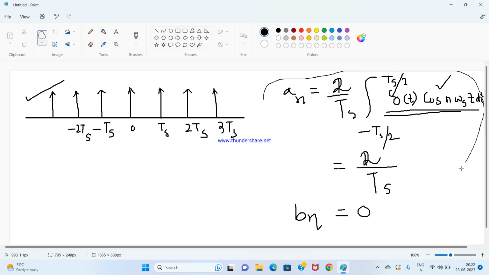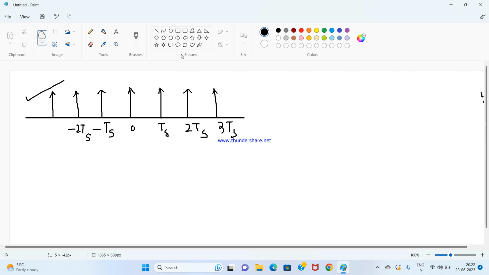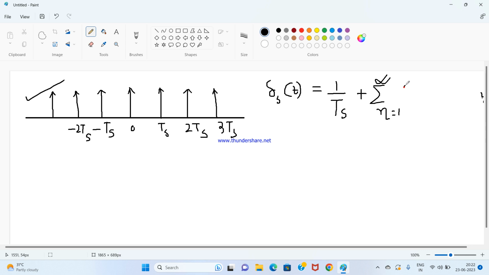Now if I represent this function in an infinite series, say I am representing this all as delta s of t, that can be represented as a0 by 2, which is 1 by Ts, plus summation n equal to 1 to infinity of an, whose value is 2 by Ts, cos n omega s t.